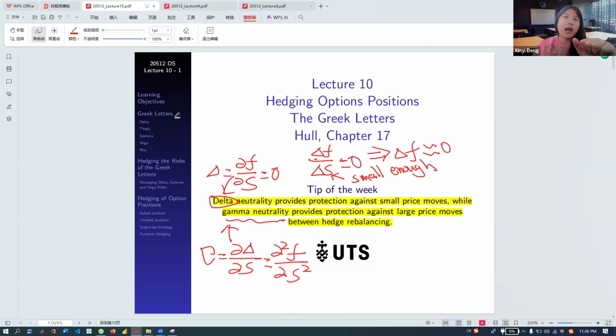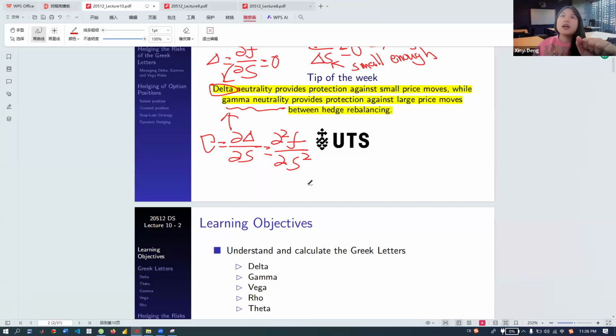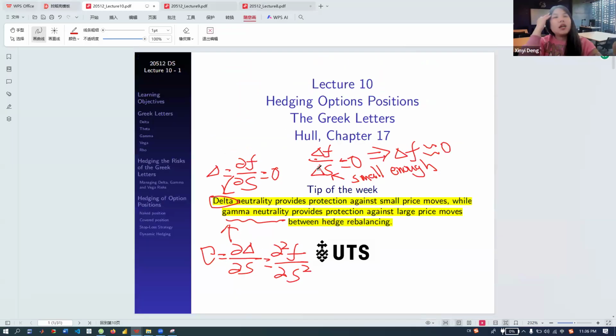We are going to discuss that shortly, but you can keep on doing rebalancing, but the problem is that the rebalancing would be costly. If the rebalancing frequency is too high, then the rebalancing is going to be costly. So what you can do is also let the portfolio be gamma neutral.